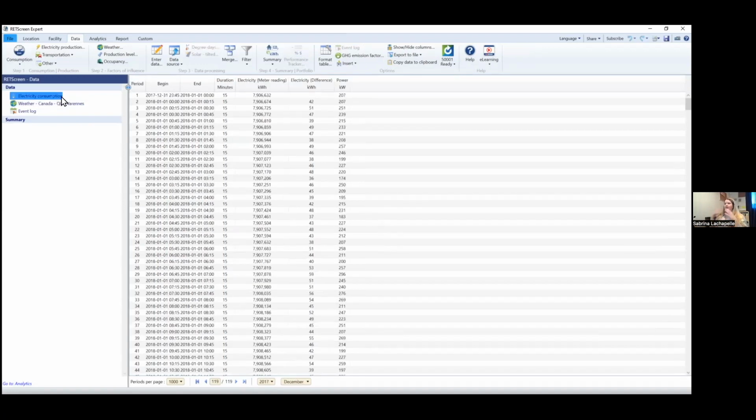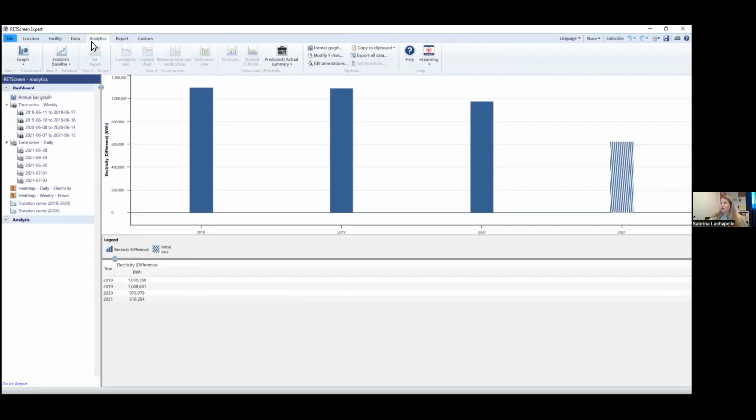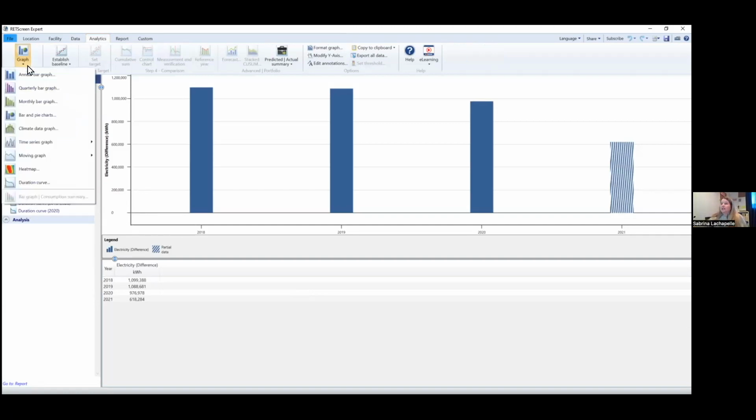So now that we have all our data imported into RETScreen, it's time to make some analysis on them, of course. If I come here into my Analytics tab, we can see that I already have several types of analysis made. Most of them, you are probably already comfortable with.